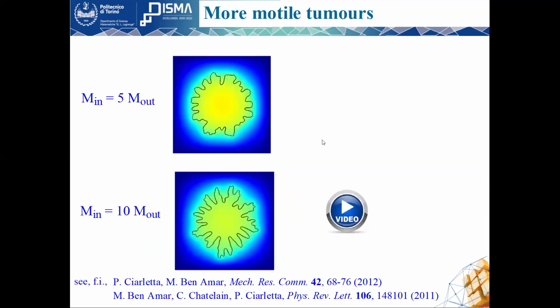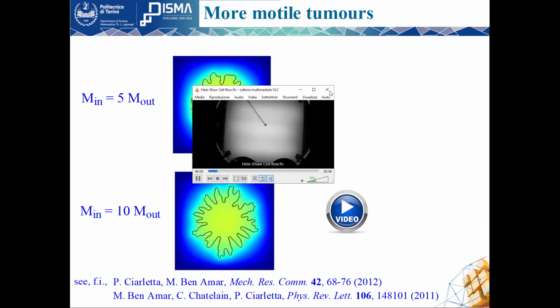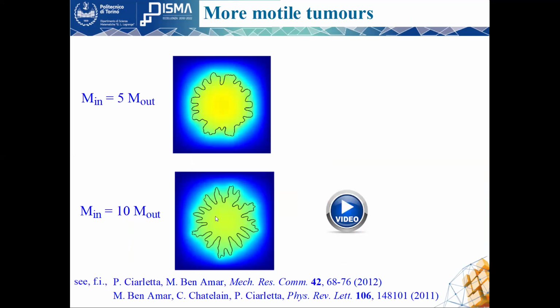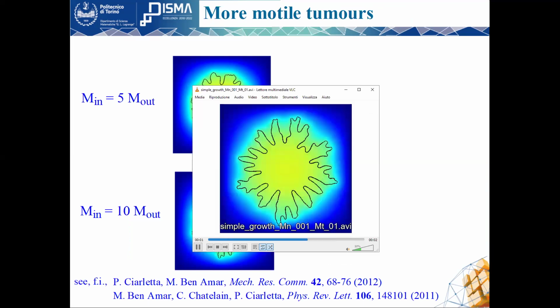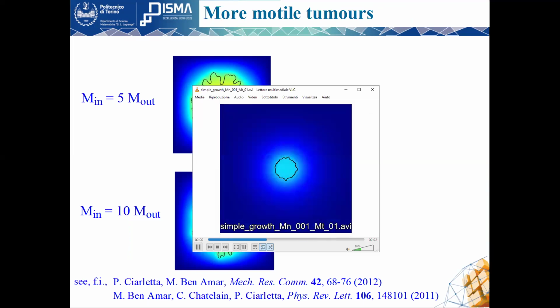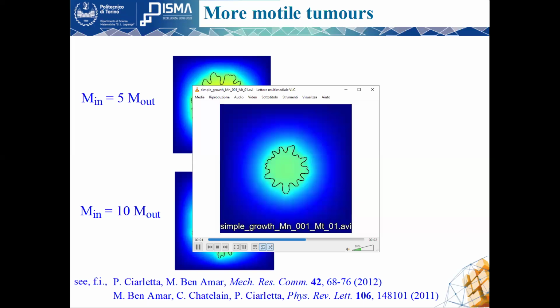And the same thing occurs in a spherical situation. You see, the expanding sphere is no longer a sphere because it becomes unstable, and you have this instability. From the physical point of view, this instability is well known.